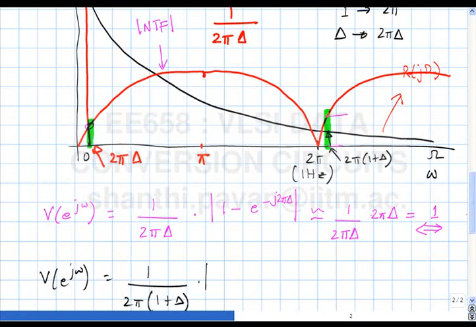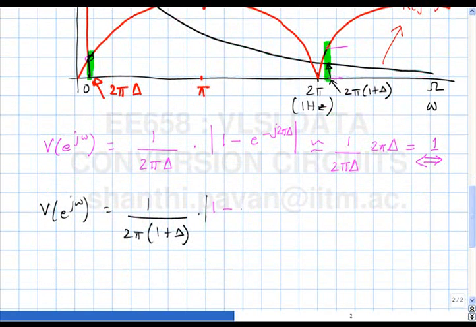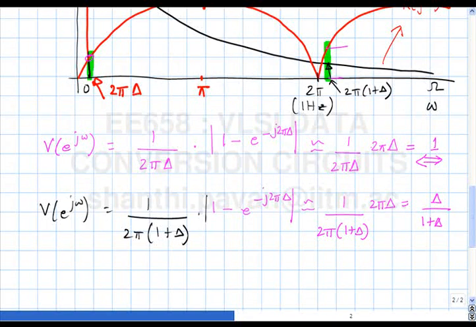Alright, and what is that? It's 1 minus e to the minus j 2 pi delta, which is approximately equal to 1 over 2 pi times 1 plus delta times 2 pi delta, which is delta by 1 plus delta. Does it make sense?